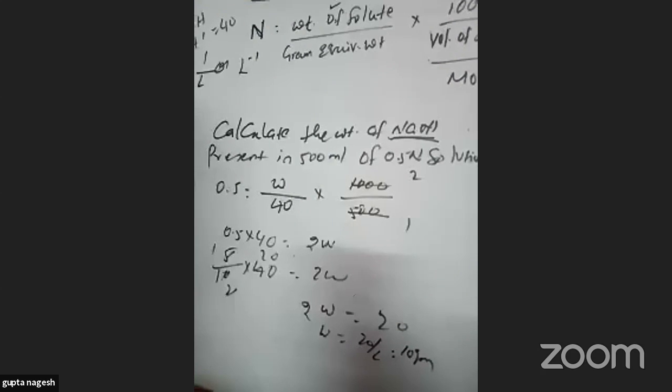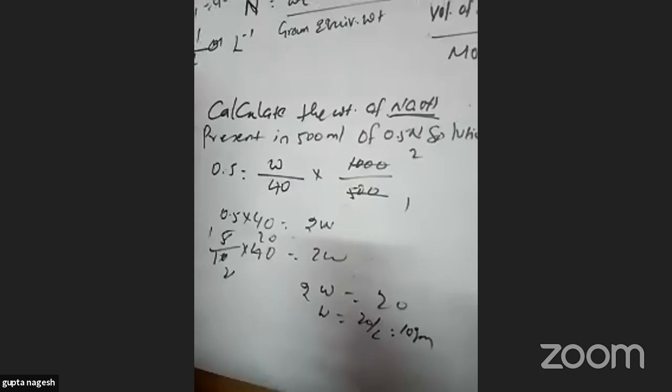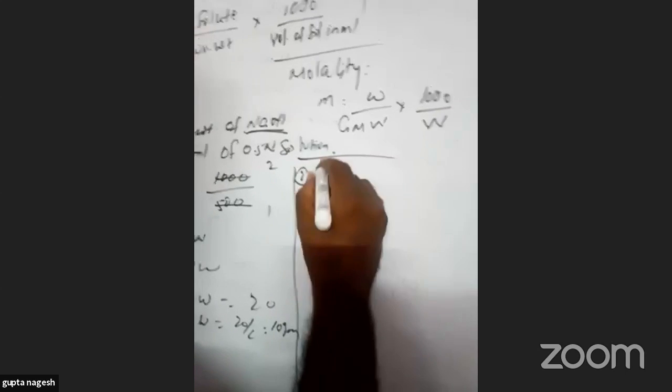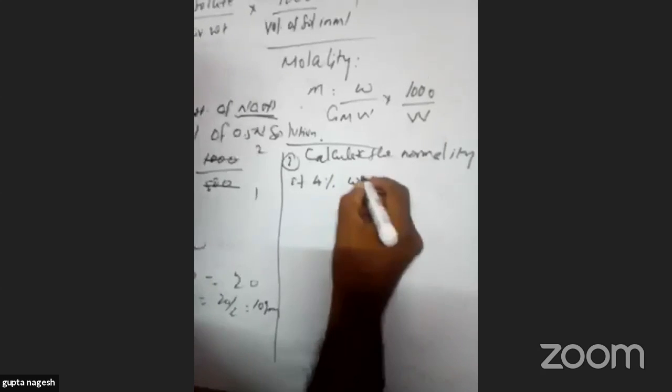He is asking for the weight. Now, if he asks in another way, like giving percentages, then what do we have to do? One more question, and I will conclude. Calculate the normality in another way. See, calculate the normality of 4% weight by volume of solution of the same NaOH.